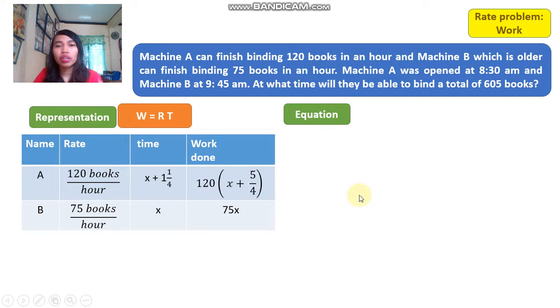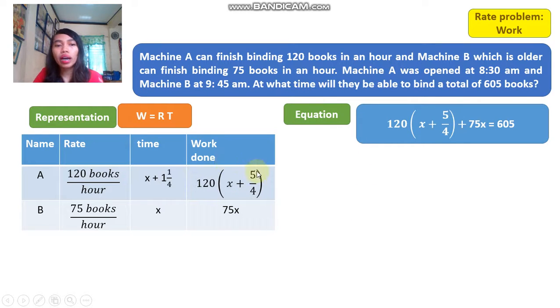And our equation is, the work done in terms of books by machine A is 120 times the quantity of X plus 5/4, plus the work done by machine B, which is 75X, should equal 605 books, the total books that we need to bind. So this is the work we need to do, 605 books.